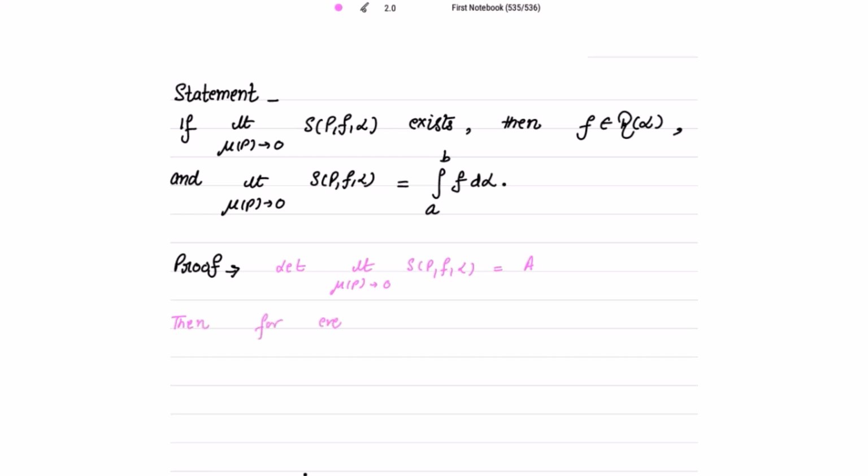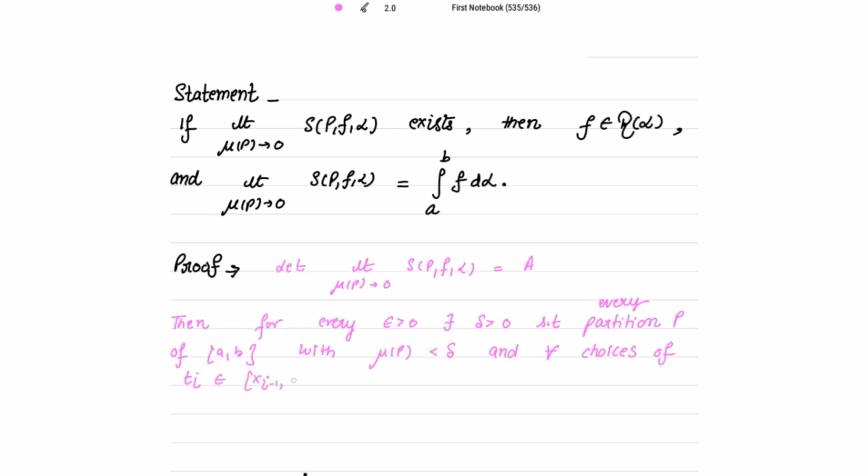for every epsilon positive, there exists delta positive such that for every partition P of the closed interval [a, b] with μ(P) less than δ, and for all choices of t_i belonging to the closed interval [x_{i-1}, x_i], we have the modulus of S(P, f, α) minus A less than epsilon, but I am taking here epsilon by 2.